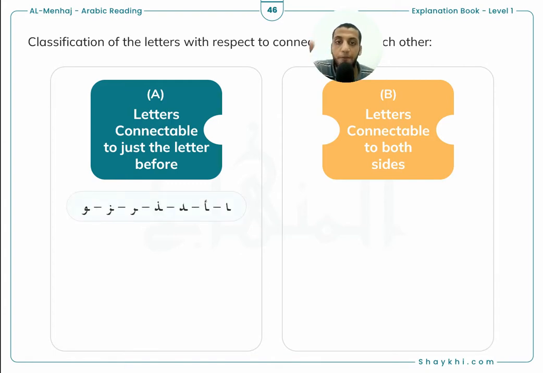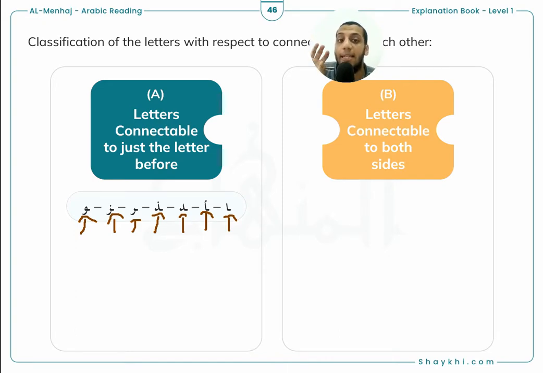First of all, the letters that are connectable to just the letter before are al-alif and al-hamza, al-dal, al-dhal, al-ra, al-zay, and al-waw. 1, 2, 3, 4, 5, 6, 7.